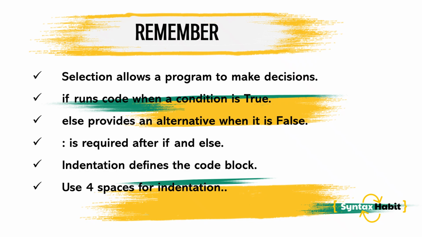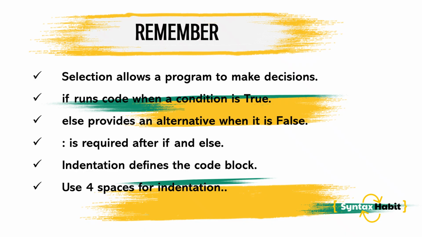Before we finish, let's recap the important points from today's lesson. Selection allows our program to make decisions. An if statement checks a condition and runs its block of code when the condition is true. If we also need an alternative when the condition is false, we can use else.